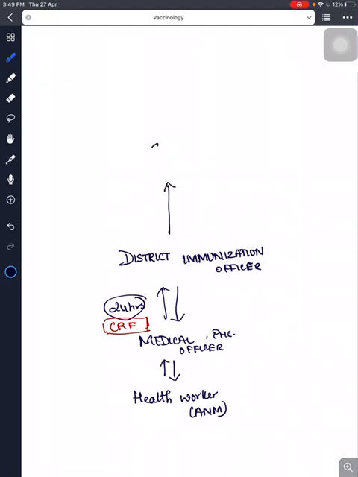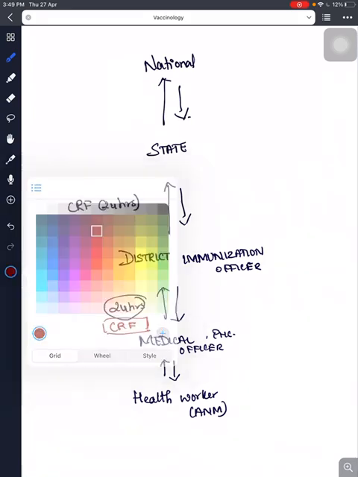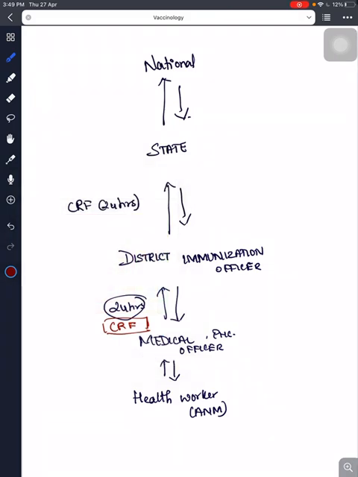This should be reported, as I have told earlier, by a case reporting format. From here, it should be reported to the state and also to the national level immunization. This is the CRF. It should be reported within 24 hours.